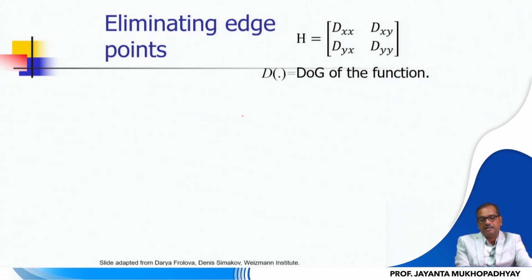One of the operators used for eliminating edge points is the Hessian operator. Through the Hessian operator you can capture the curvatures around the 2-dimensional space.